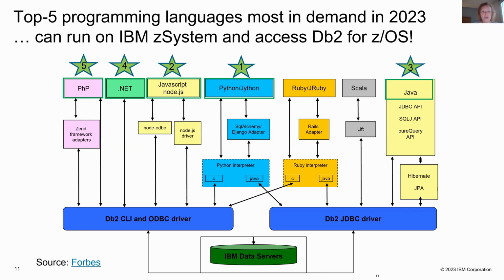And you see all of them are supported, all also supported languages accessing Db2 as one of the IBM data servers. Java, of course, uses the data server driver for JDBC and SQLJ, and the other languages mostly go via the CLI or ODBC driver. So I typically call it the C-based driver.